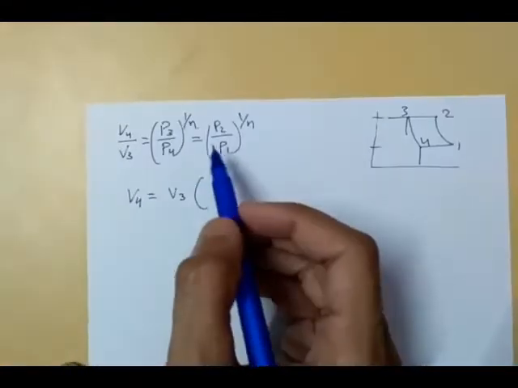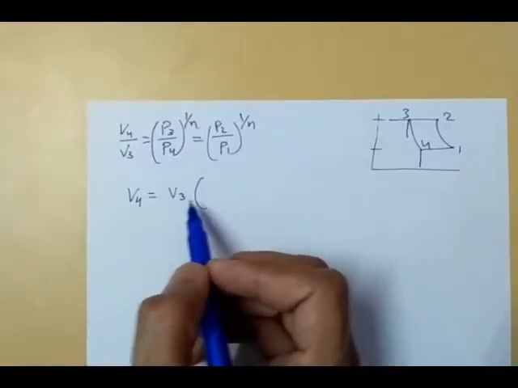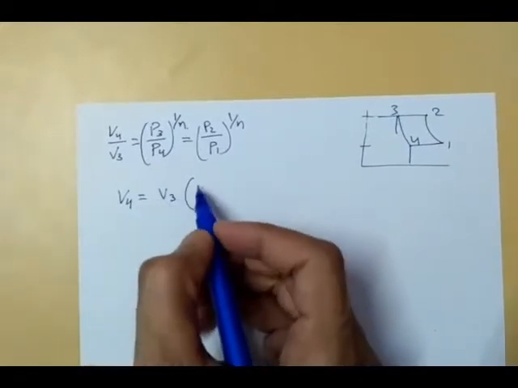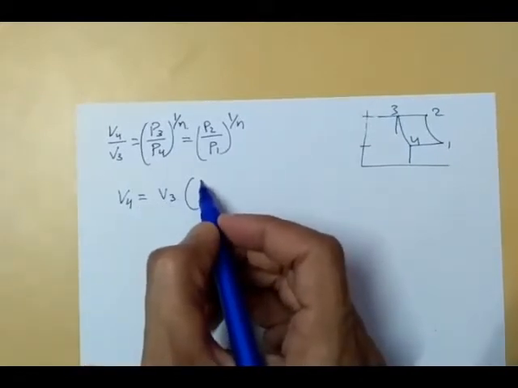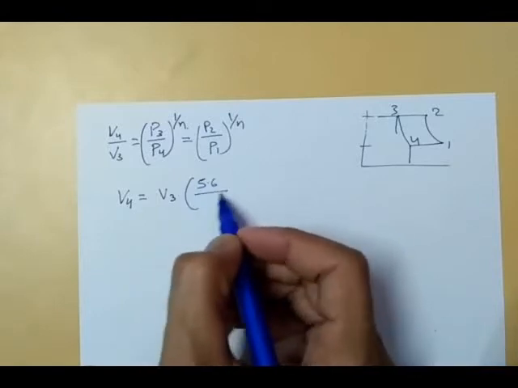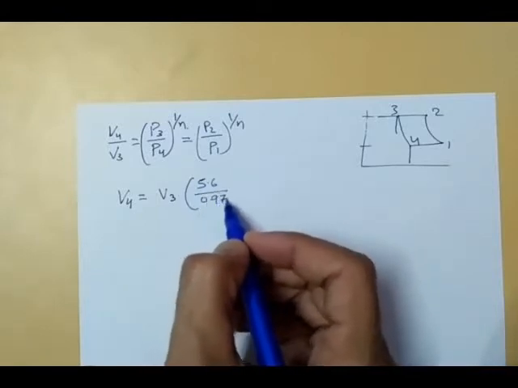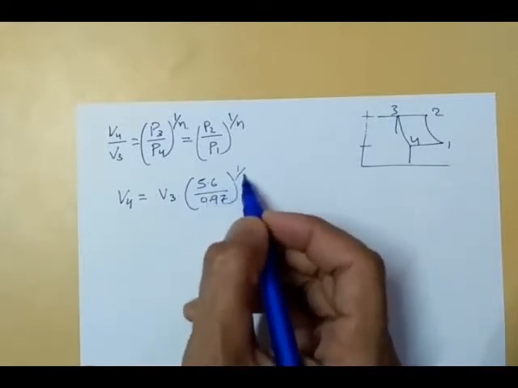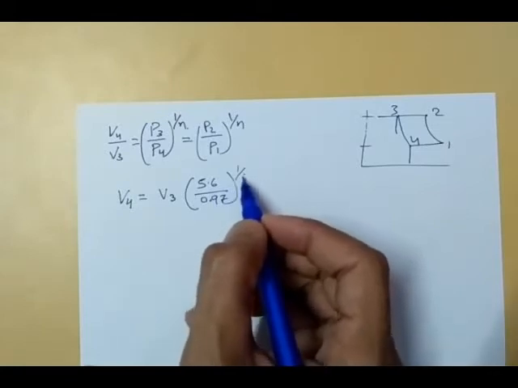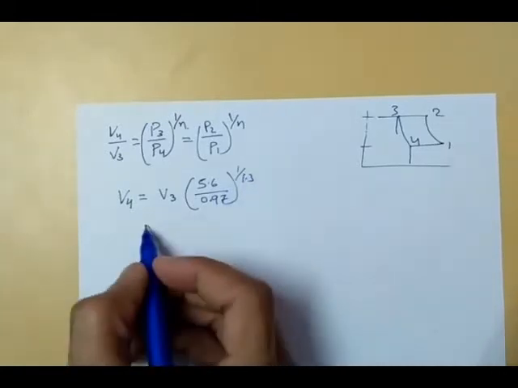So V4 is equal to V3 into 5.6 bar by 0.97 bar to the power 1 by 1.3.